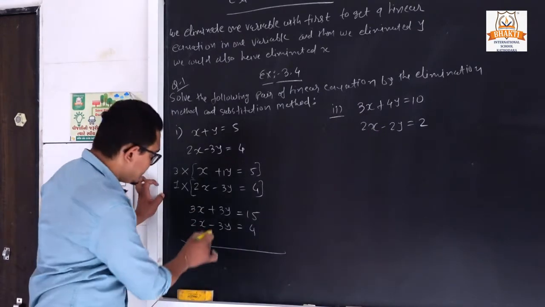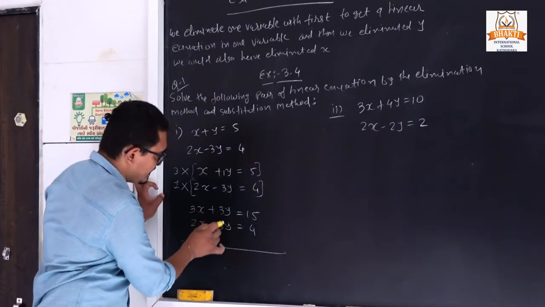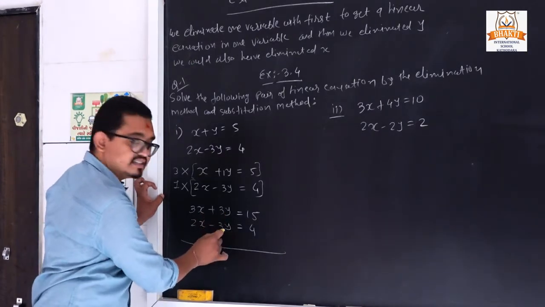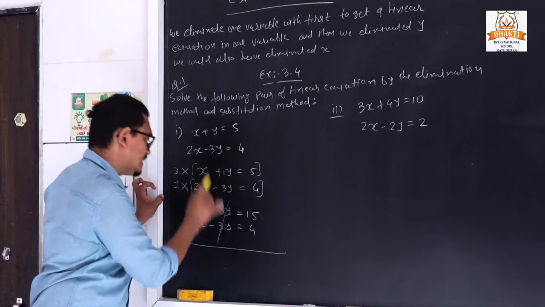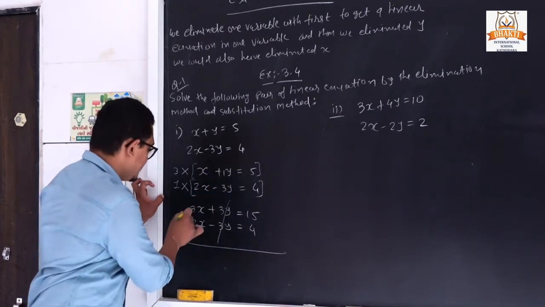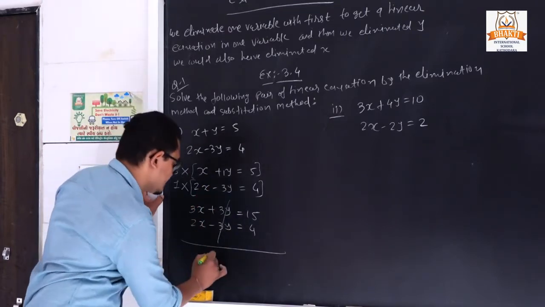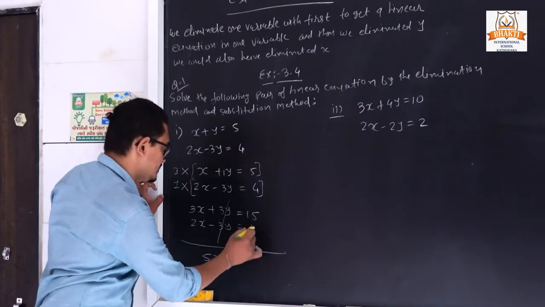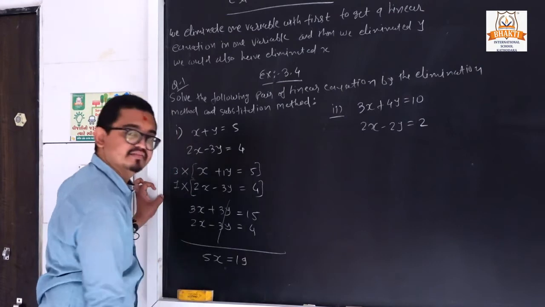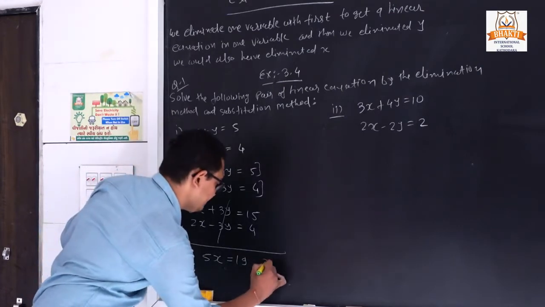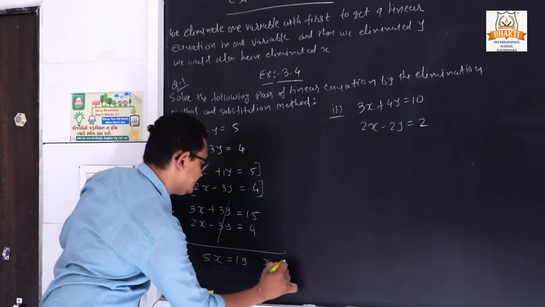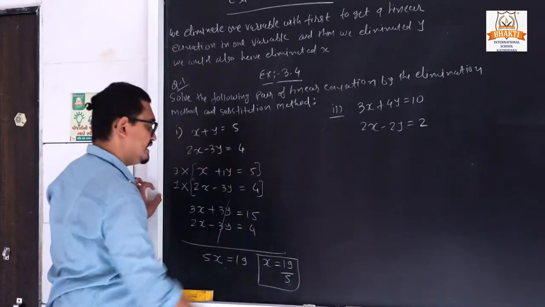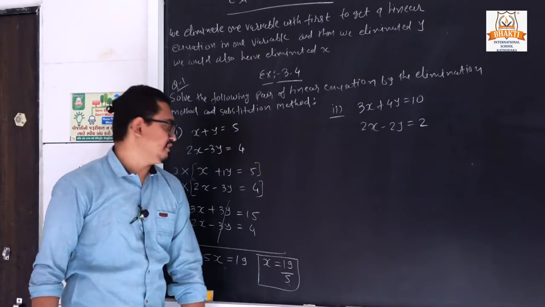See that both have 3y, one is plus 3y and the other is minus 3y, so these both cancel. Then 3x plus 2x is 5x, and 15 plus 4 is 19. So 5x is equal to 19, the 5 goes to the other side, so x is equal to 19 by 5.